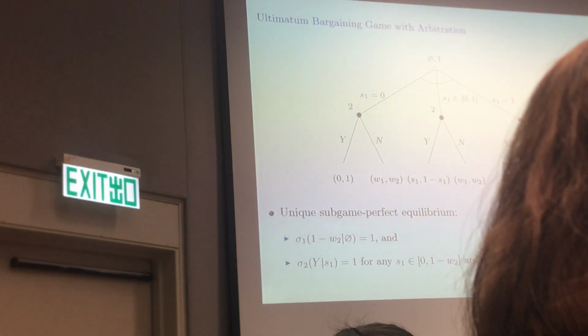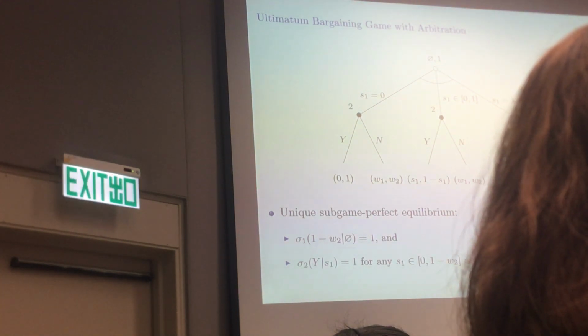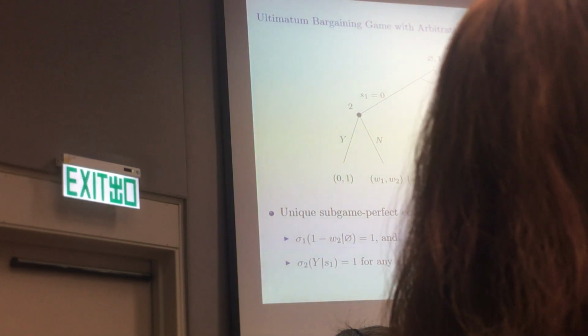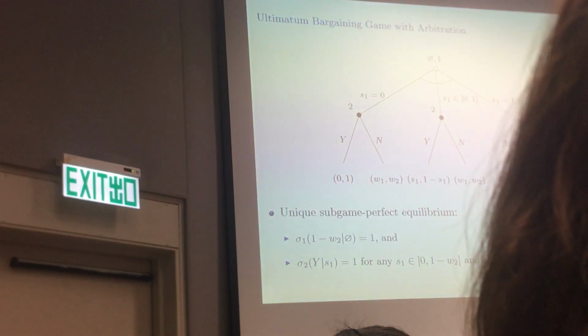So it can be anything, but anyway, the value of the outside option is equal to W2. In this particular context, the outside option of player 2 is going for the arbitration process. Right?